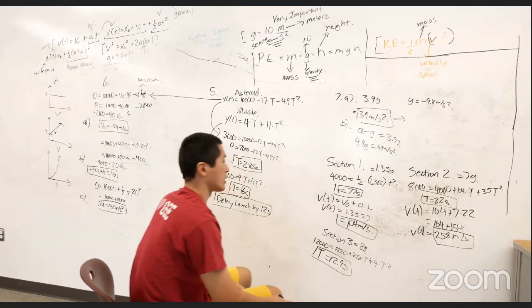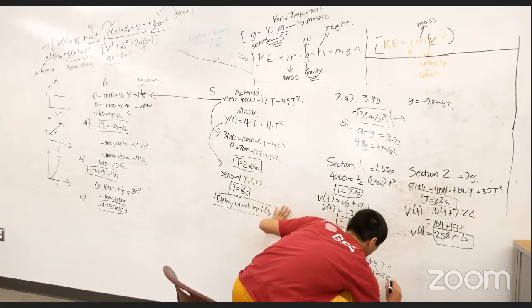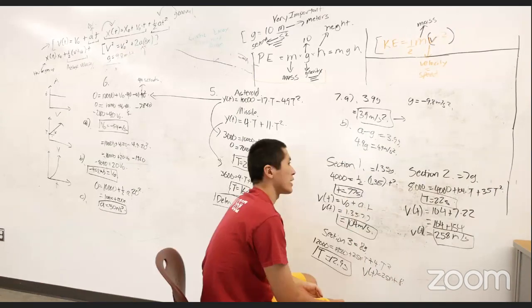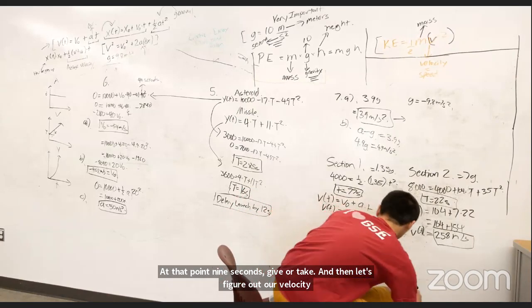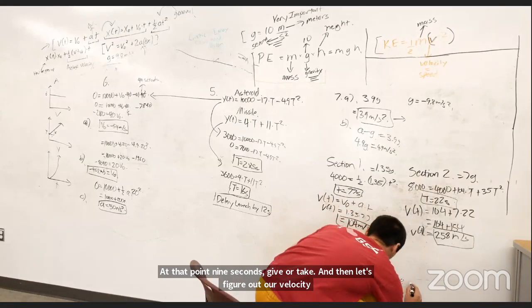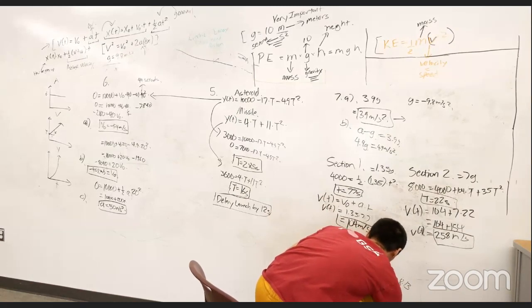And then let's figure out our velocity. It goes 258 plus 8 times 12.9. I'm just going to use 13 for this, just to make my life a little bit easier. 13 times 8 is 130, minus 26 is 104. So I'm just going to say it's about 104. So velocity is about 104 meters per second, give or take.